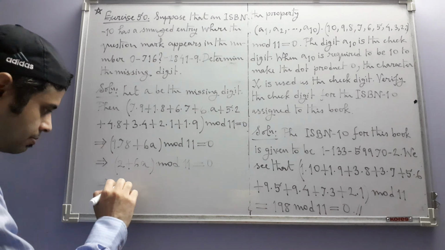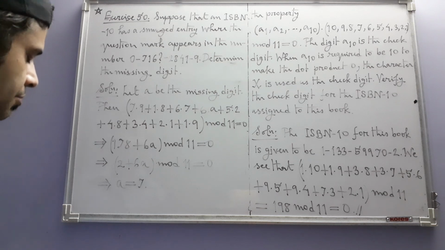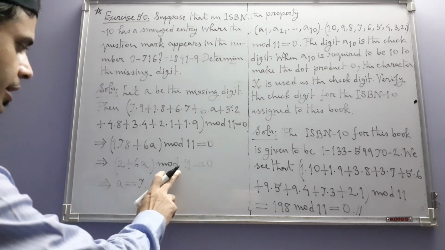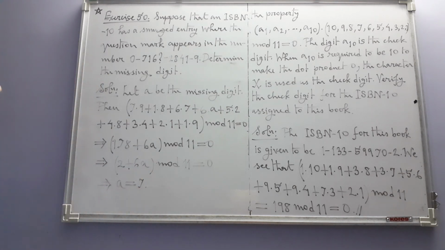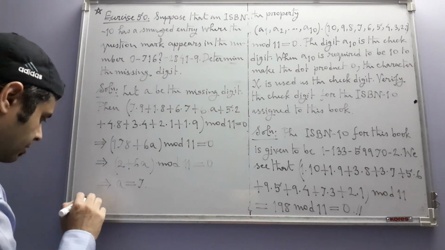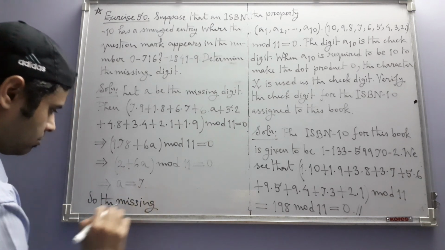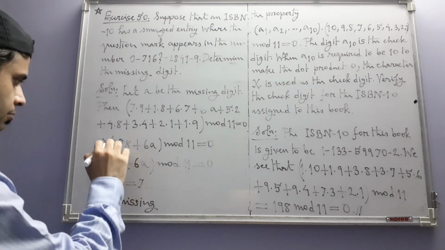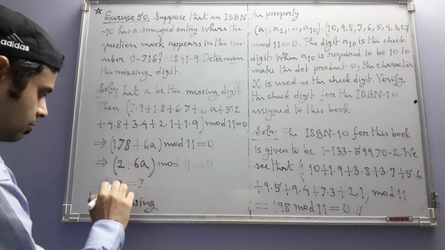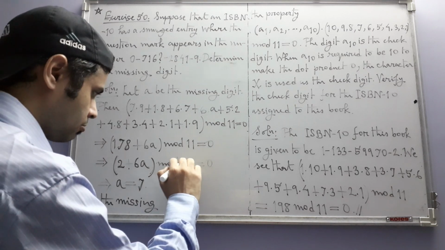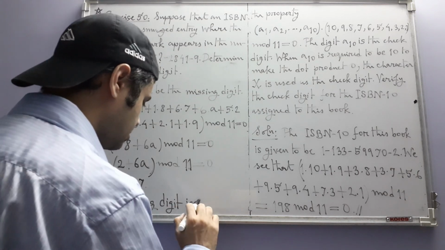This implies A is equal to 7, because then you get 44 here, and that is divisible by 11, and 7 is also less than 11, so 7 is the unique solution. The missing digit is 7.